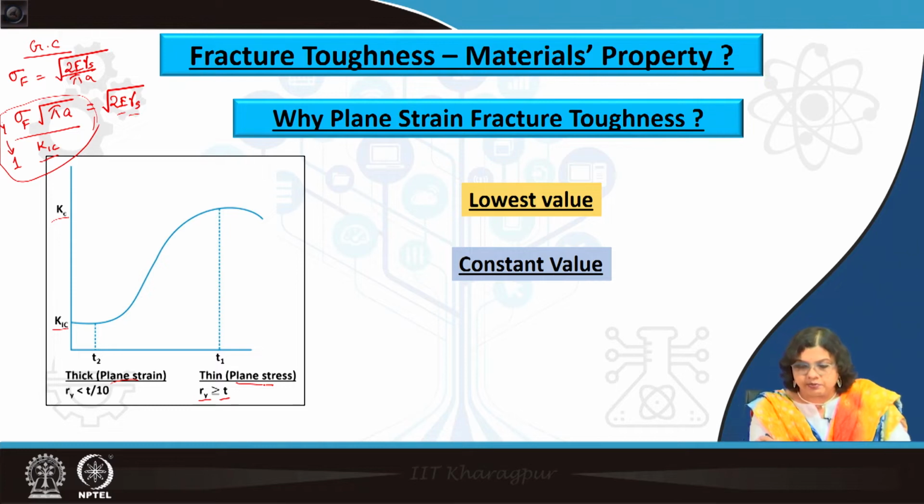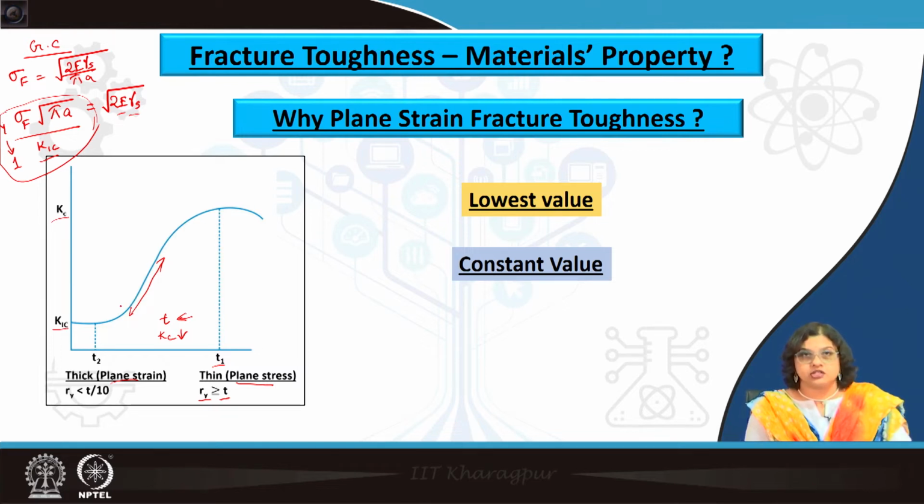You see, for the case of plane stress, when the thickness is increased from this T 1, it is still under plane stress condition or in the mixed mode kind of condition, but there is a rapid change in the values of fracture toughness. If T is increasing in this direction, fracture toughness is decreasing, right, and there is a very sharp change in the fracture toughness values.